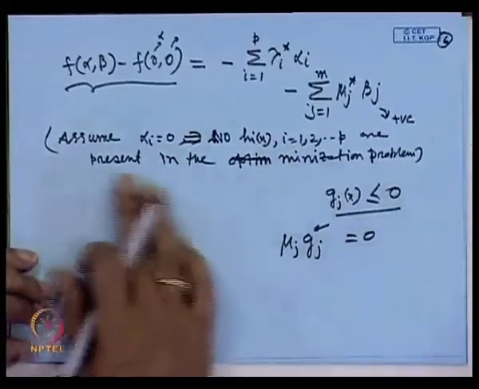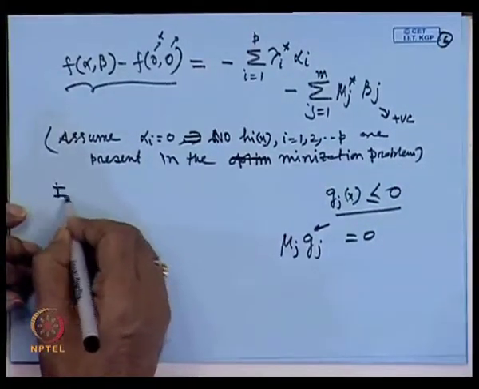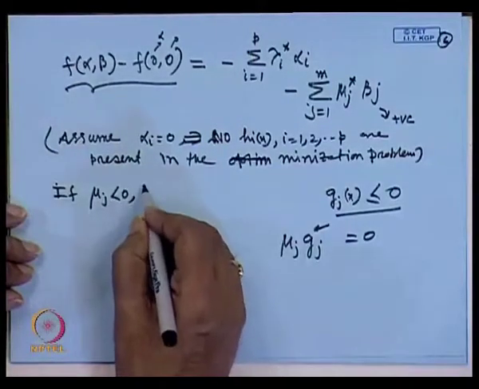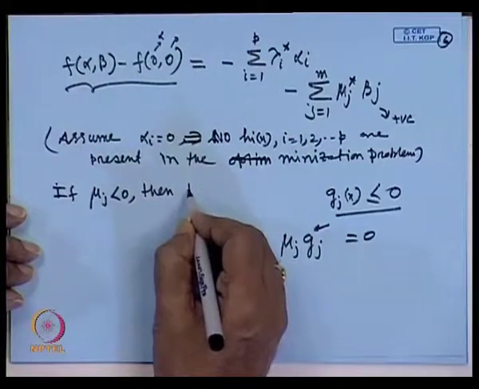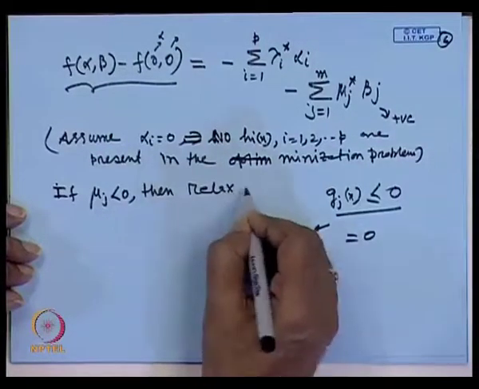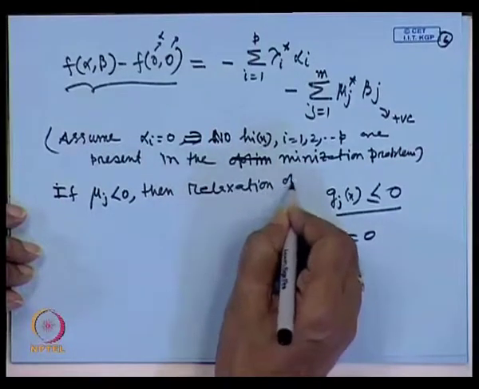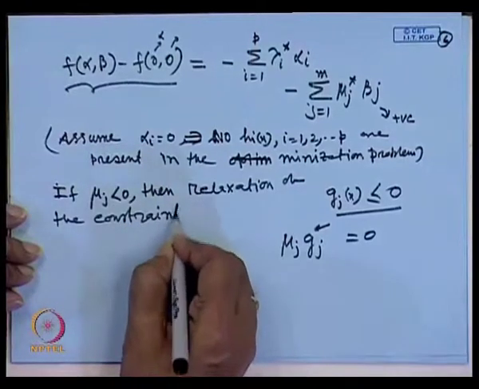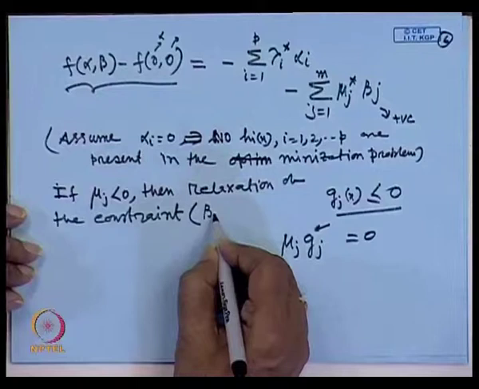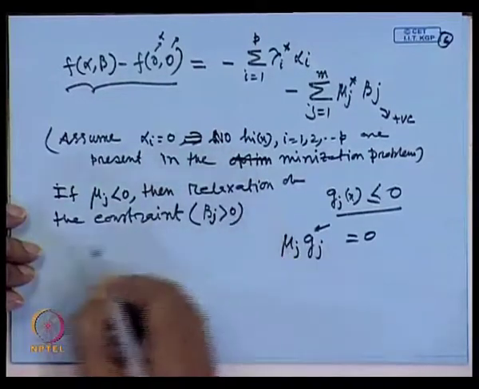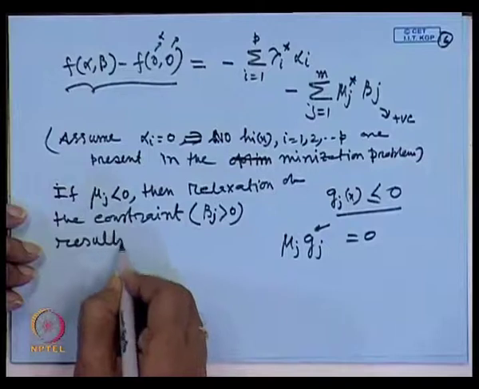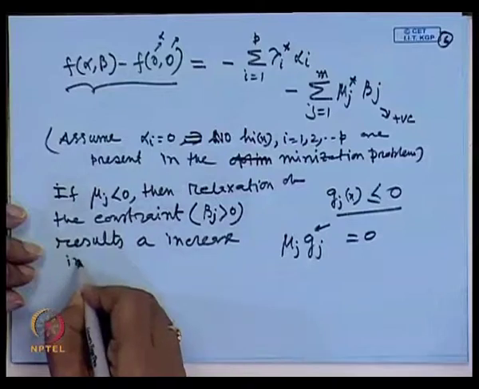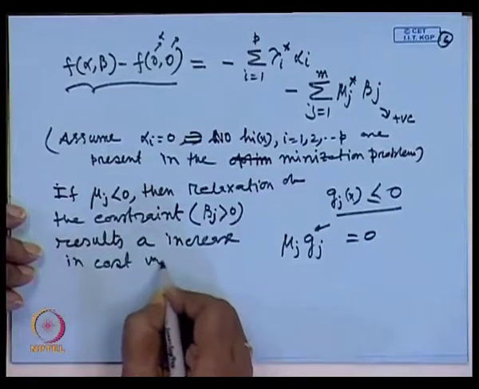And so we are writing this: if mu_j is less than 0, then the relaxation of the constraint for beta_j greater than 0 results in an increase in cost value.